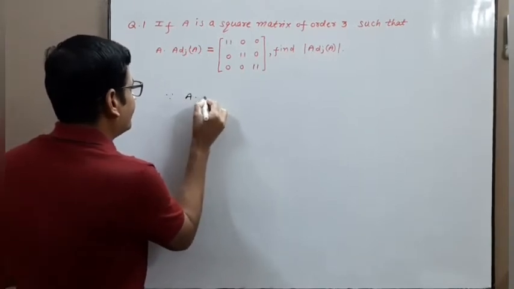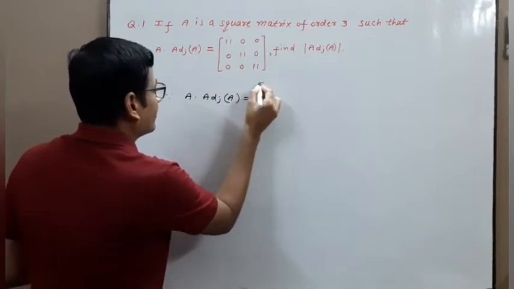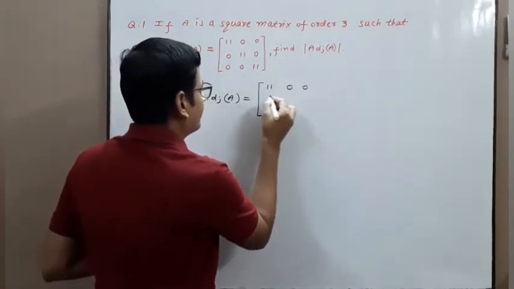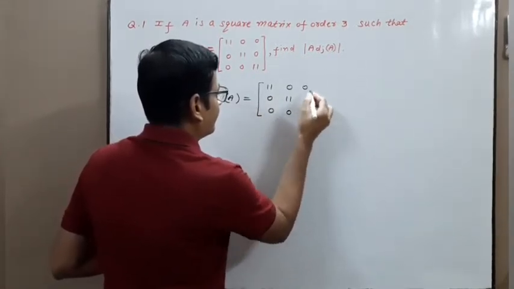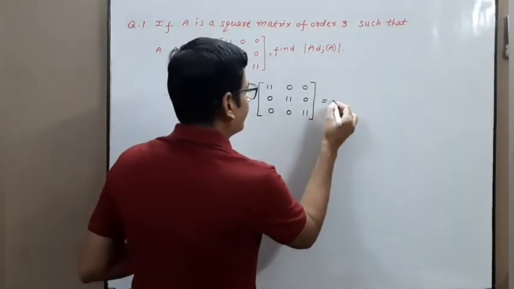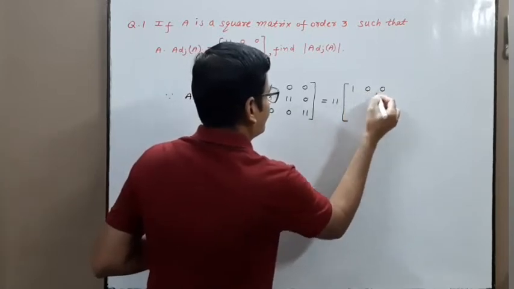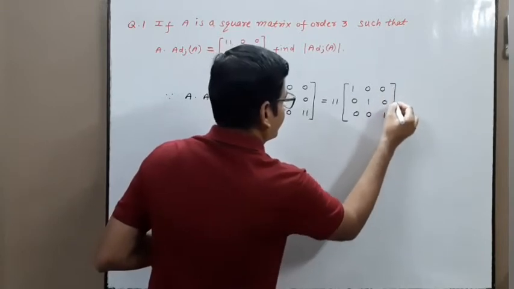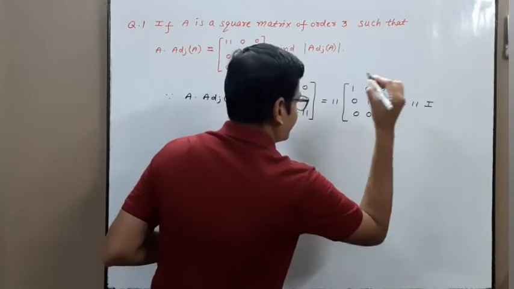Since A into adjoint A is equal to 11 0 0, 0 11 0, 0 0 11, taking common 11, we get identity matrix 1 0 0, 0 1 0, 0 0 1, means we can write 11 into identity matrix.